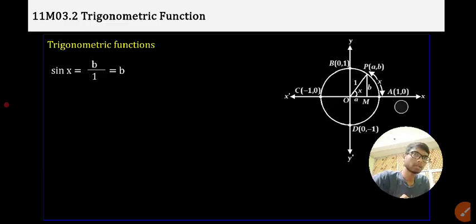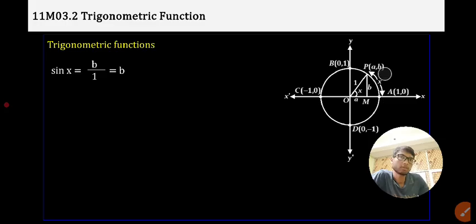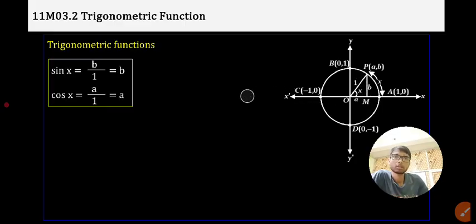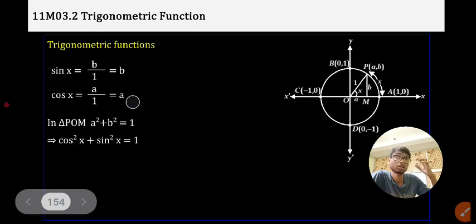Here in the first quadrant all trigonometric ratios would be positive, but when it comes to the other quadrants, something else will happen. Here we have this cos and this is sine. A upon 1 is equal to A.